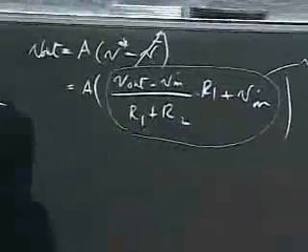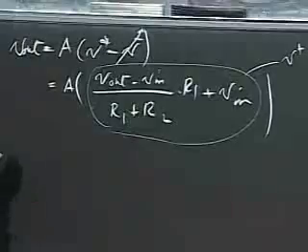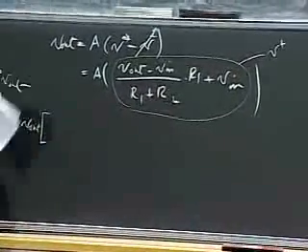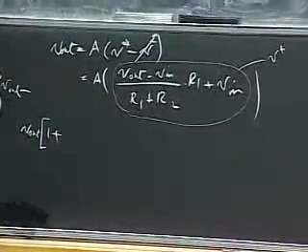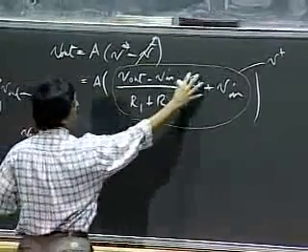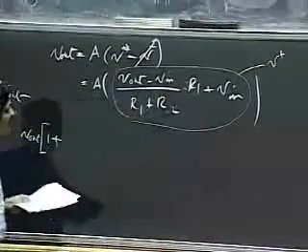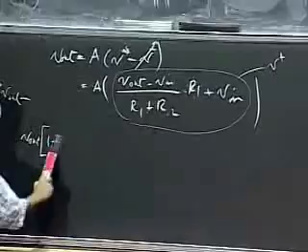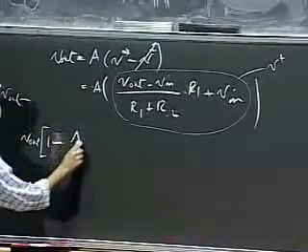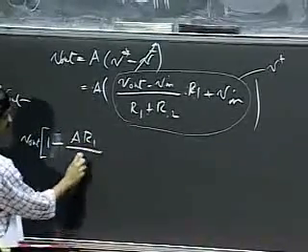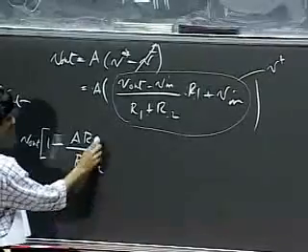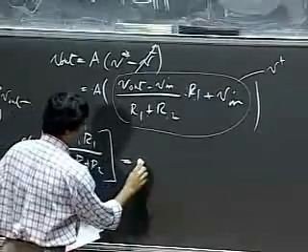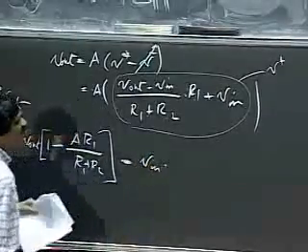So let me shuffle things around and put all the V out terms on this side here. So I get a 1 plus for that V out. And let me move A R1 divided by R1 plus R2 to the left-hand side, and I pick up a minus sign. So I get A R1 divided by R1 plus R2. And then on the right-hand side, I end up with V in.